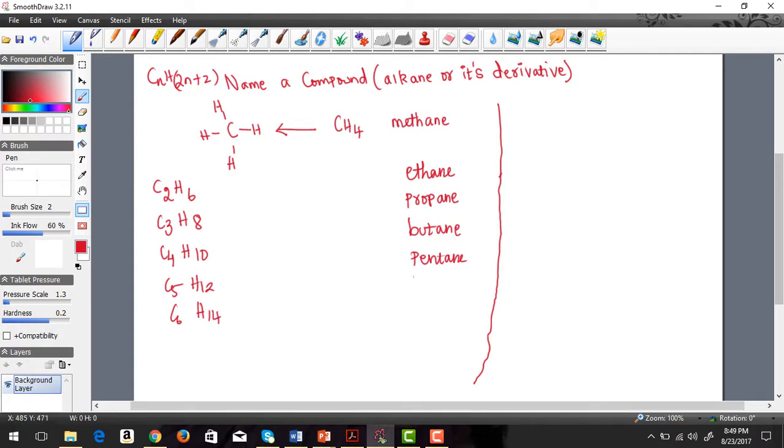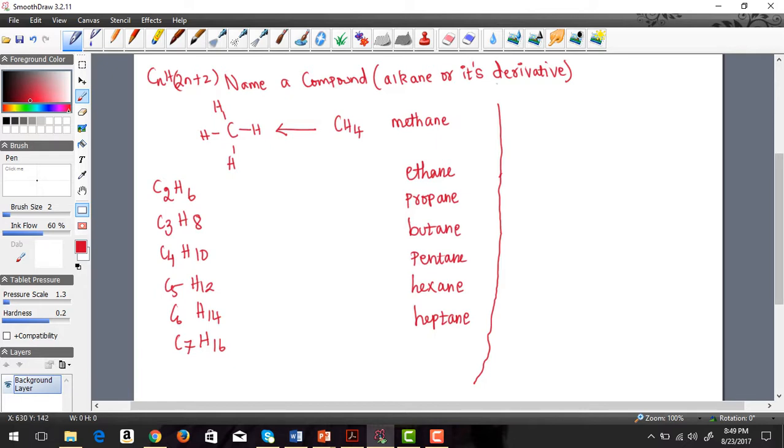C6H14, that's hexane. Let's stop right here for now. Maybe one more for good measure: C7H16 is heptane. It's very easy. Now methane and ethane are by themselves, whereas when they combine in a compound, when we add something to it, you have a derivative.